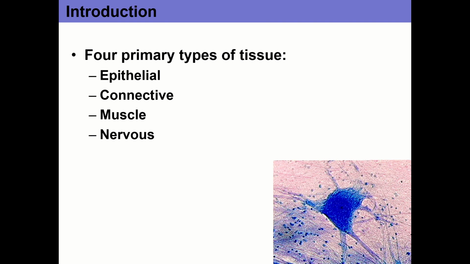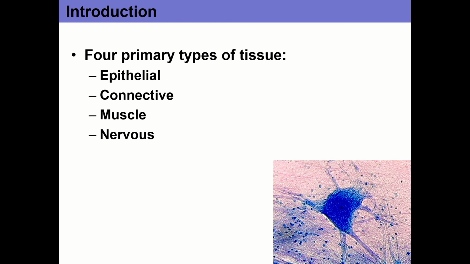The first is epithelial. So the thing to know about epithelial tissue is that it is a covering and lining tissue. So for example, we find epithelial tissue in your skin, or your skin is epithelial tissue, right? It covers all of you. But we also find epithelial tissue in the respiratory tract.